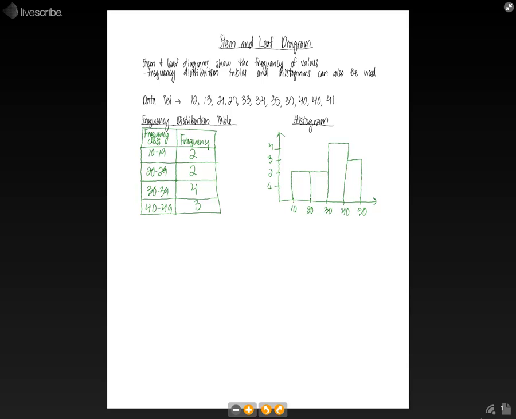And next, if we do a stem and leaf plot, the benefit is that it allows us to see the same information, but each of our individual data points is still listed.